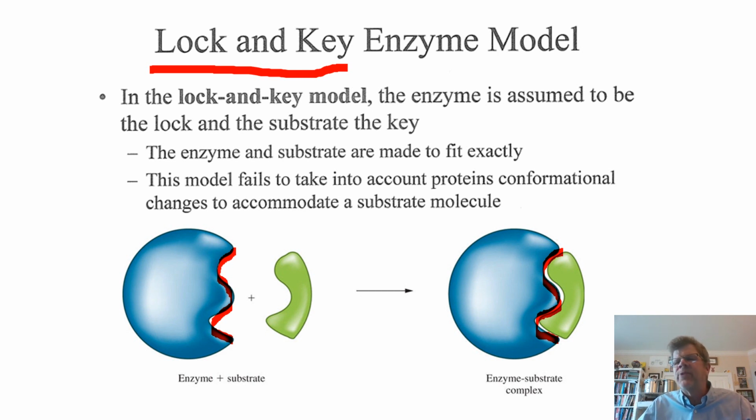So we had to update our model. The lock and key model fails to take into account conformational changes in the protein's active site to accommodate the substrate molecule. They're not the same. So we had to update this model somewhat.